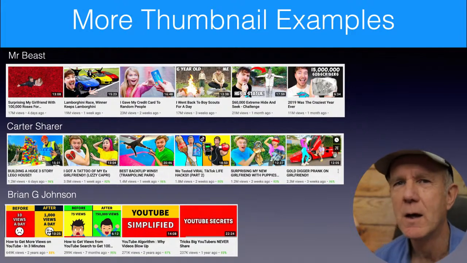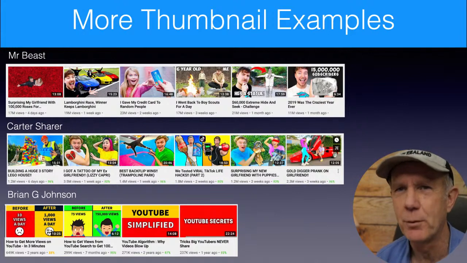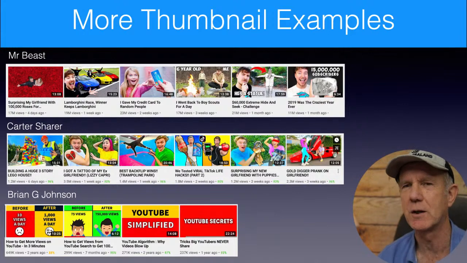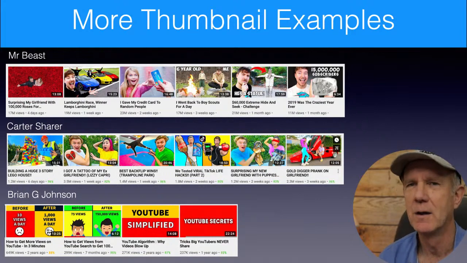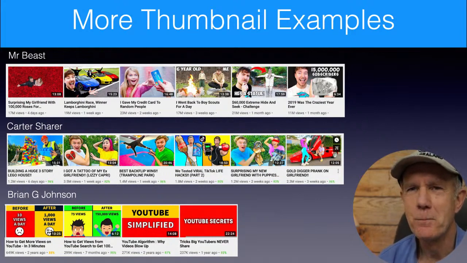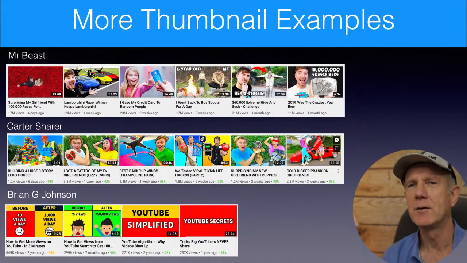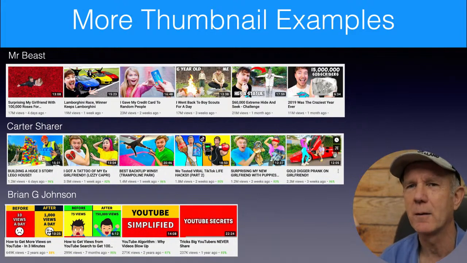So these are a very good example of creating a super simple thumbnail like YouTube Secrets, just a red background and then white text. Any of you could easily create a thumbnail like that because it's super simple and it's not fancy.